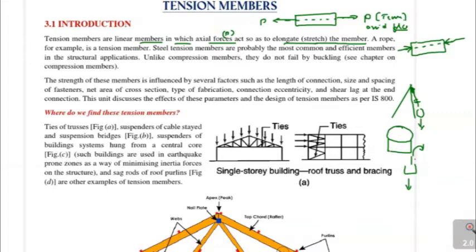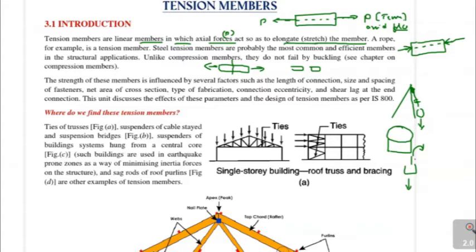If it is a tension member, something like a rope or a beam subjected to tension, when the tension acts on this member, a rupture is going to take place, breaking at the weakest section, and it is going to be divided into two halves. That is what you see in your tensile test on steel.